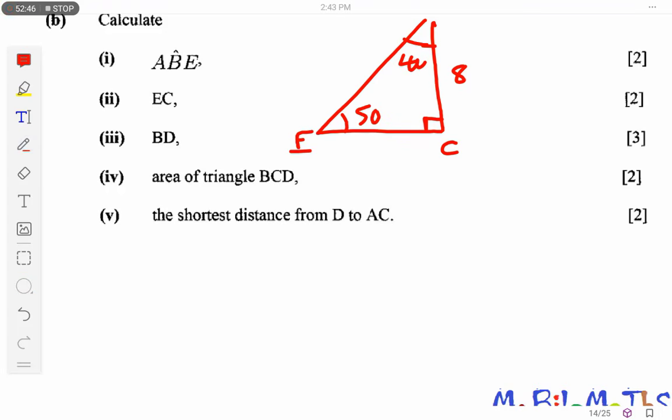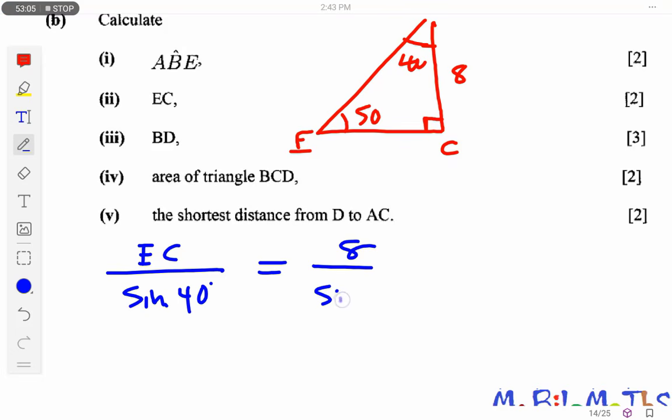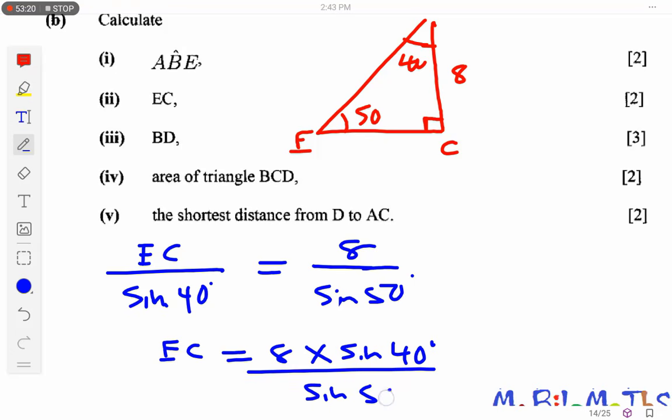So using the sine rule, EC over sine 40 degrees is equal to 8 over sine 50 degrees. So EC is equal to 8 times sine 40 degrees over sine 50 degrees.